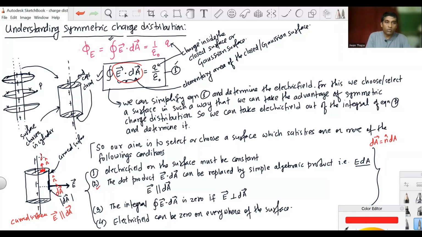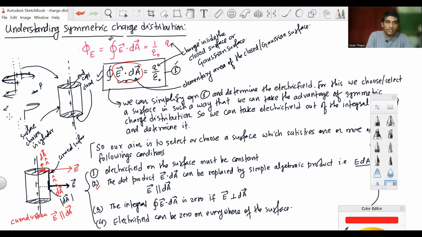So this unit normal gives the direction of vector area, and let us denote the area vector by the symbol dA. Now what we find, electric field is directed radially outward. So at the end cap, area vector and electric field are perpendicular to each other.